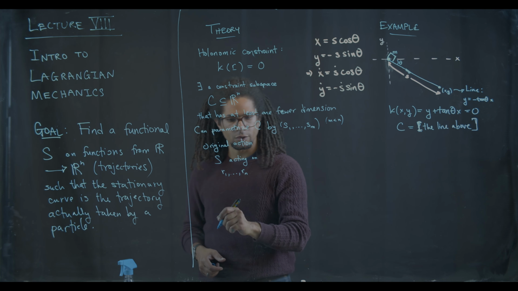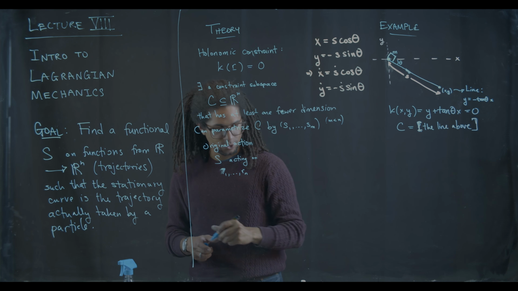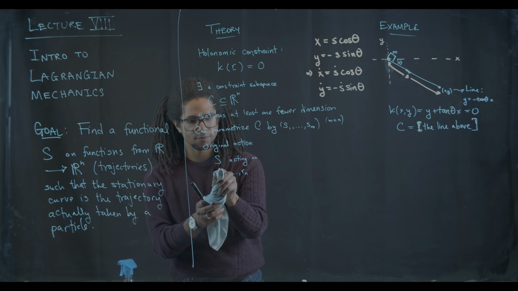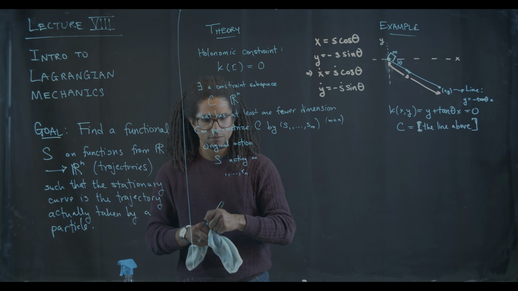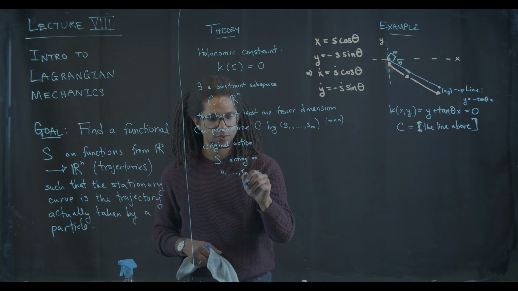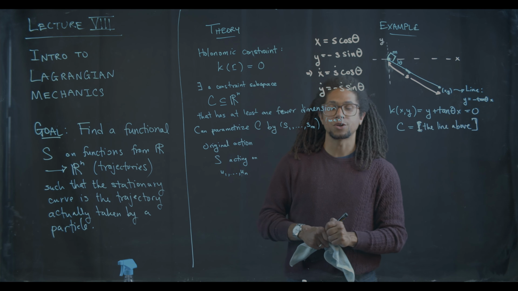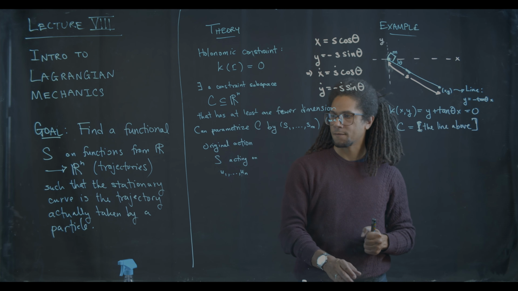I want to think about trajectories, so I'll say u1 through un, where each uj is a function from R to Rn.